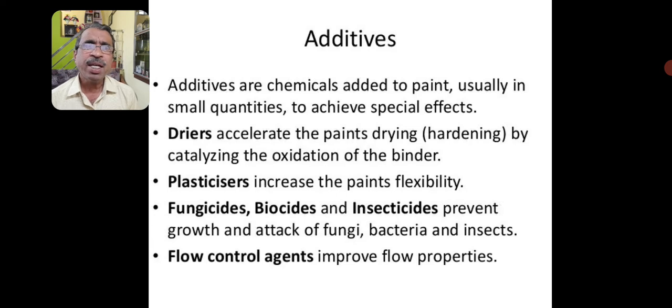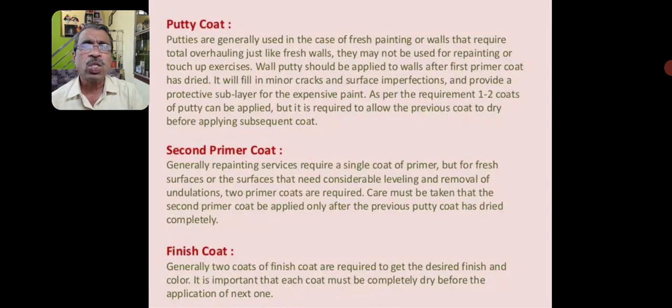Plasticizers increase the paint's flexibility. Fungicides, biocides and insecticides prevent growth and attack of fungi, bacteria and insects. Flow control agents improve flow properties. These are all the various additives.